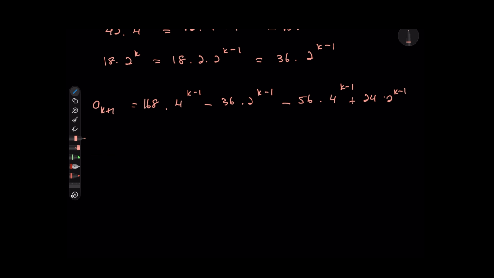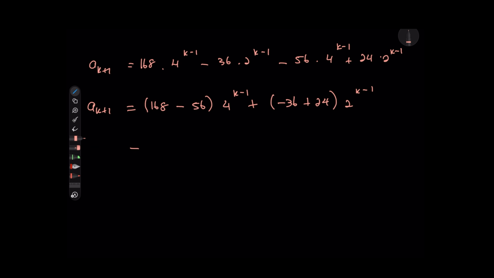It would have been easier to factorize if you want to do it like this. I would have collected the like terms as follows: 168 and 56, so 168 minus 56, by 4 to the power of k minus 1, plus, put the negative 36 in front if you want, and then put this here, 2 to the power of k minus 1.